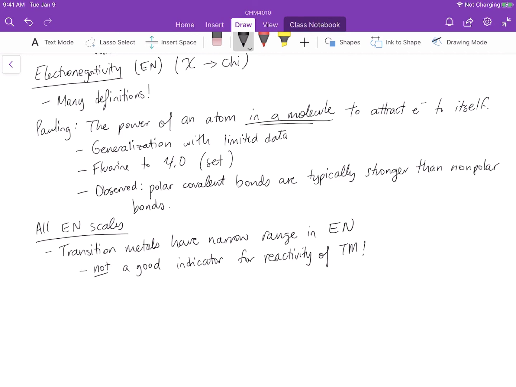What you can use the electronegativity scales to look at is to try and look at bonds. So if we have ionic, that would be a complete electron transfer.